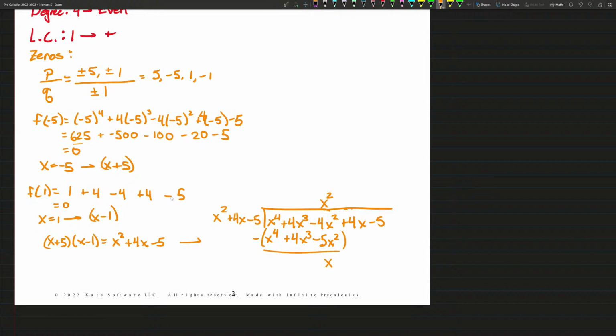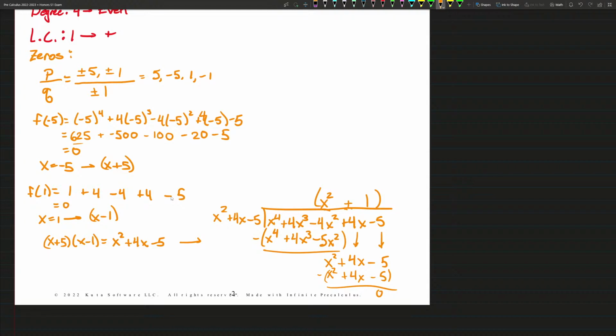So we get x squared. Bring down the 4x. Bring down the negative 5. That goes in once. And then there's no remainder. So then our other factor is this x squared plus 1.